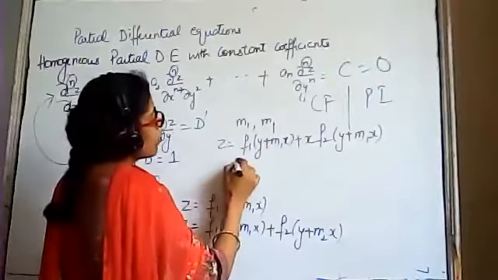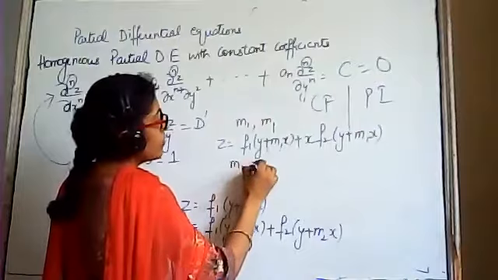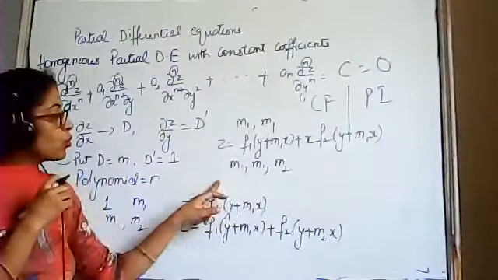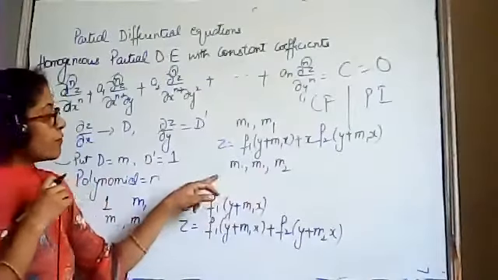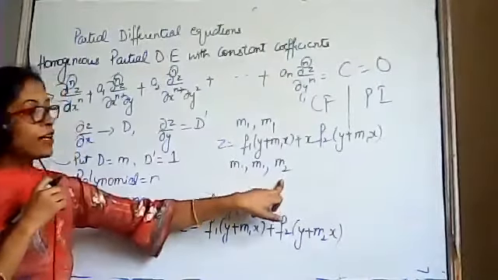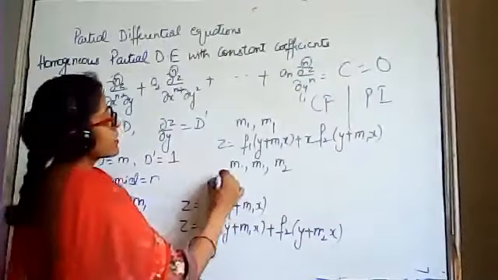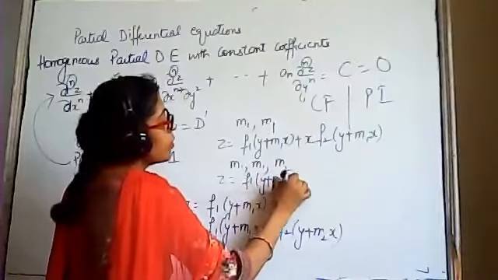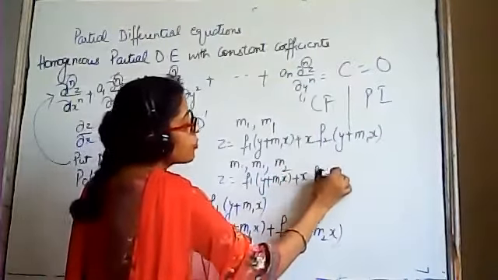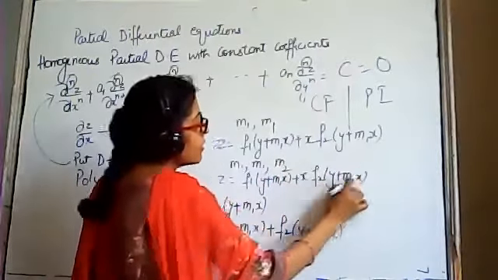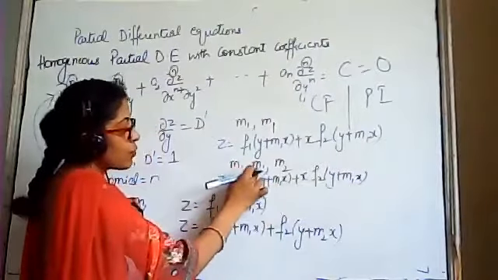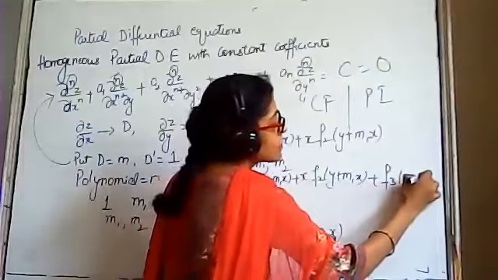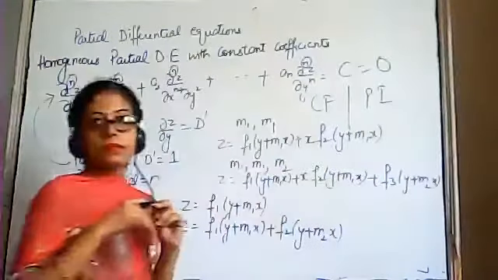If the roots are m1, m1 and the third root is m2, two roots are the same and the third is different, the solution will be f1(y + m1x) + x f2(y + m1x) for the repeated roots, plus f3(y + m2x) for the third root.